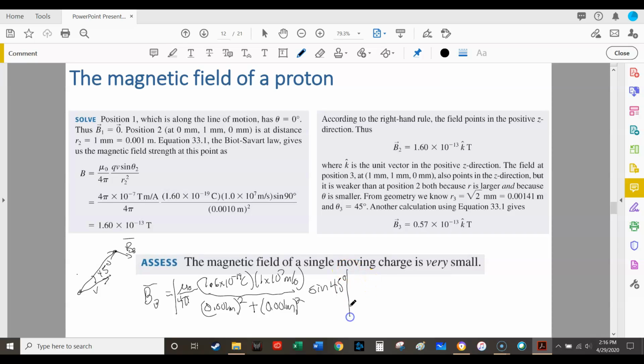So we have to take that into account. So not only is it further away, but it's at an angle, which is going to lower the strength even more. Okay. And I think it looks like what they've already computed here, that works out to be 0.57 times 10 to the negative 13th Tesla in the positive z direction as well. So that's how you have to compute it.